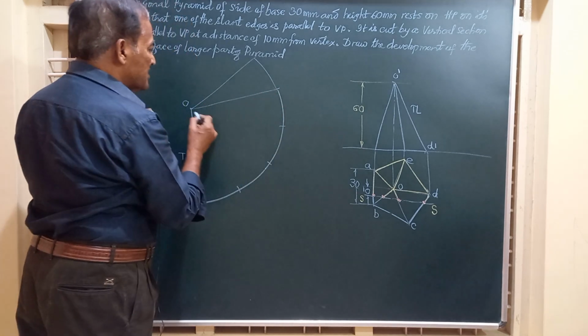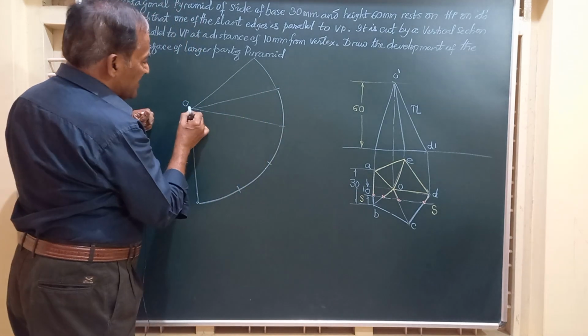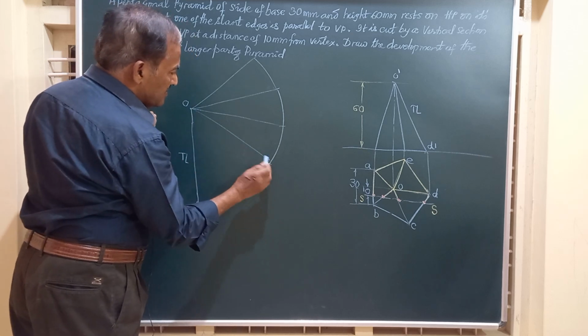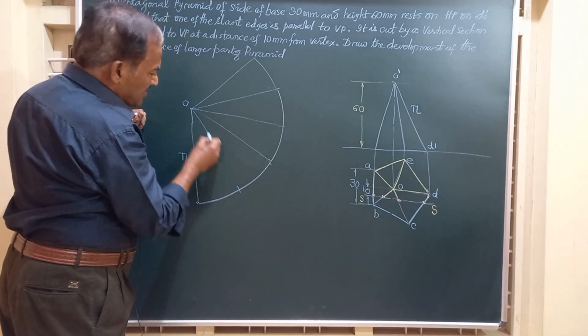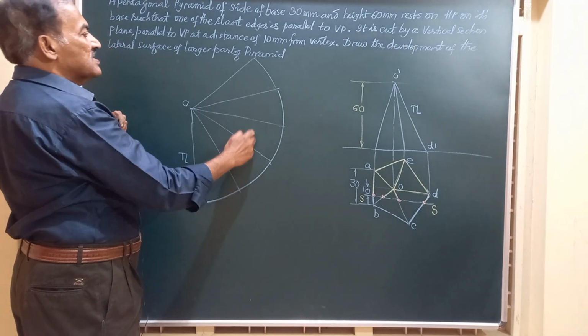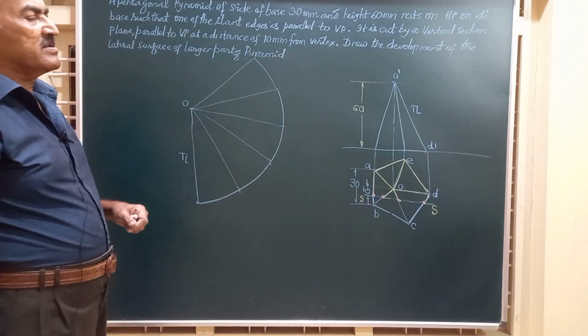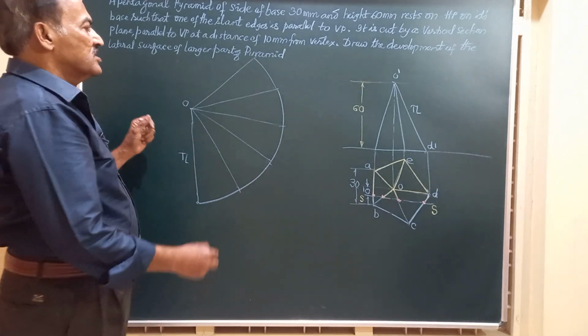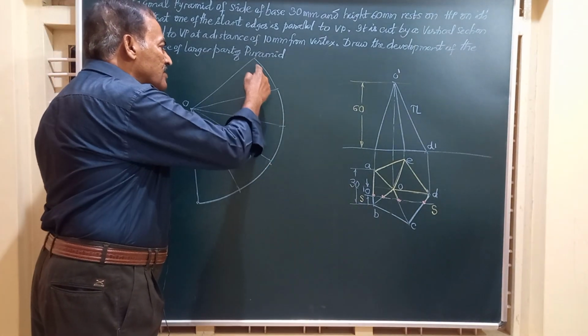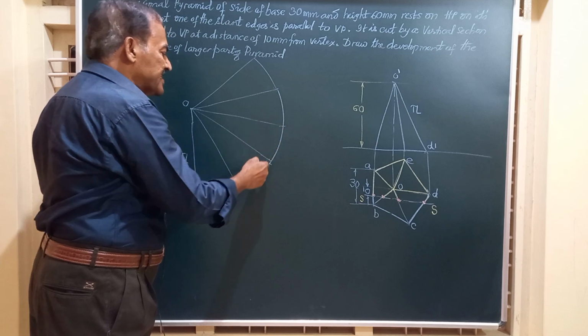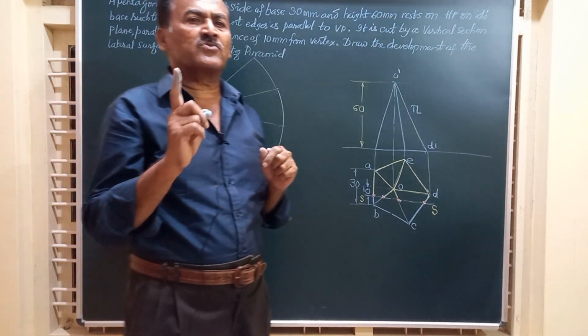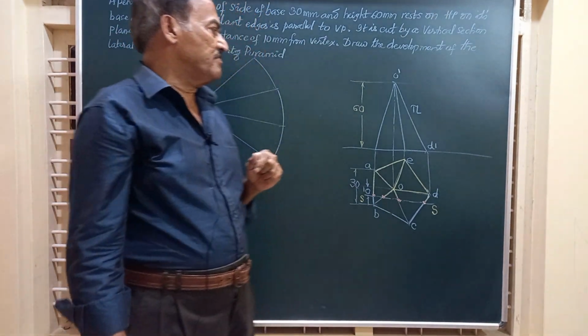So this is one such line, second, third, this is fourth and fifth. 1, 2, 3, 4, 5. All these have equal measurement. This is how the development will look, but we have to join these corners by straight edges because any pyramid will have straight edges in the base.